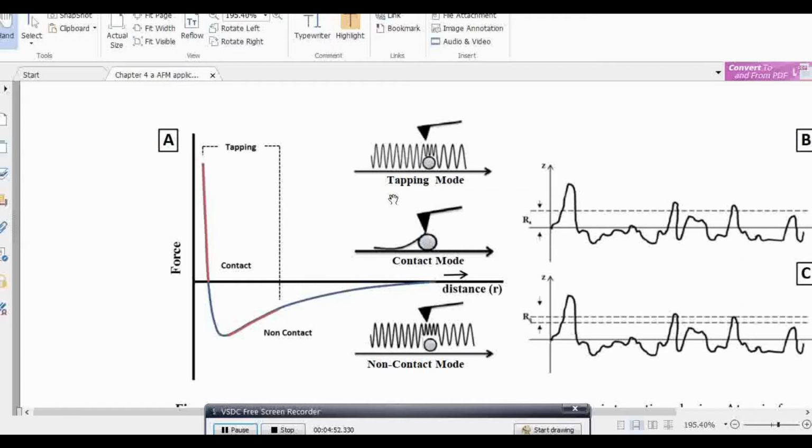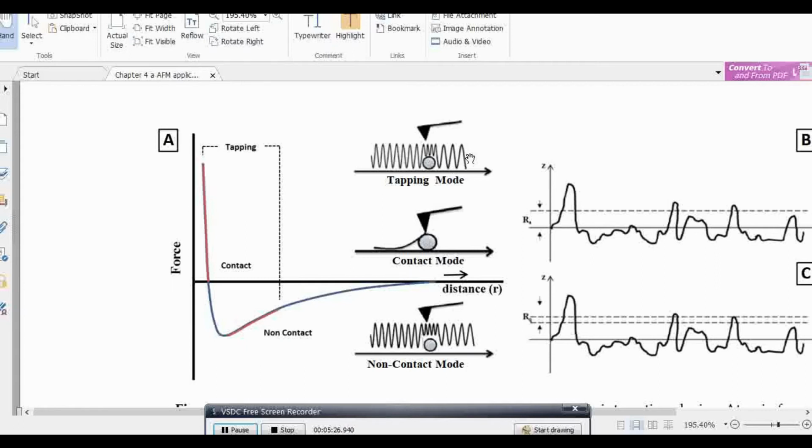If you look at this diagram, let's say this is the sample, then you have this cantilever. The cantilever will be moving across the samples in the tapping condition, so that when it reaches the sample, it will also adjust the cantilever height so that it will not damage the sample.